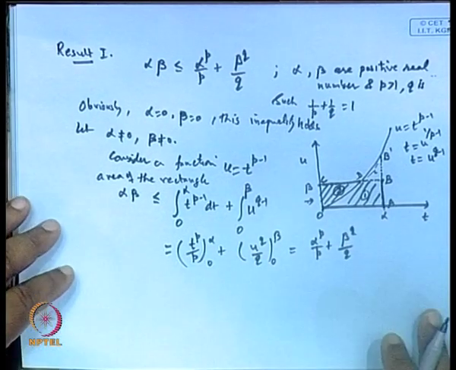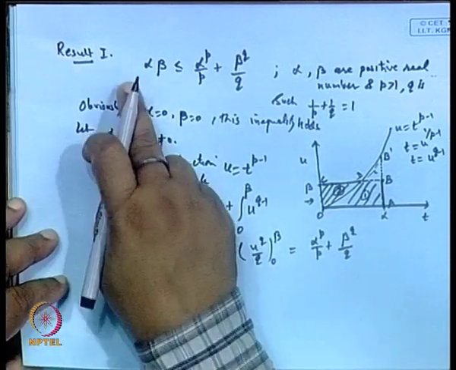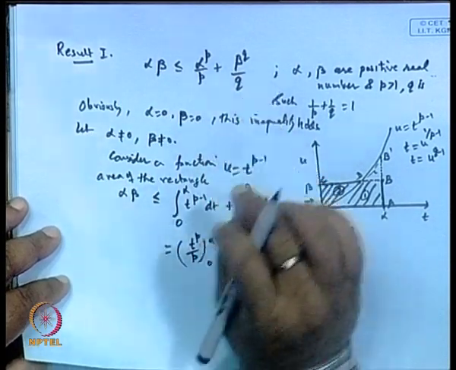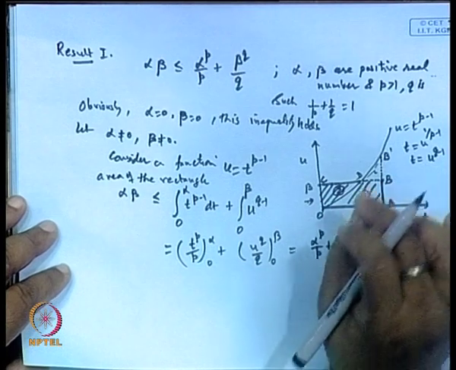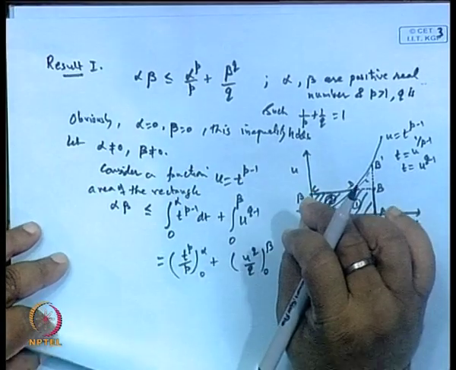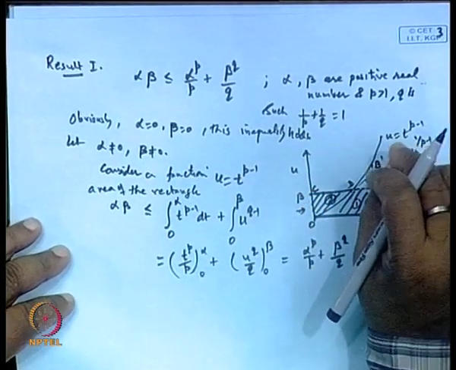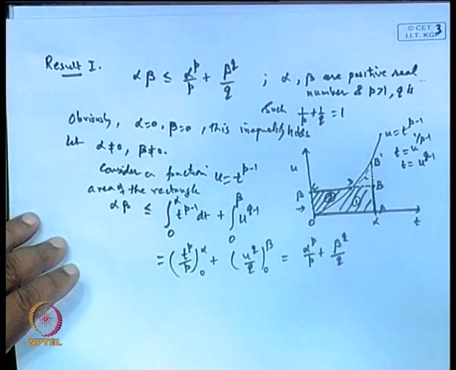So, this gives you the result, which is valid for any positive real numbers alpha, beta, where p is greater than 1 and q is the conjugate exponent of p.